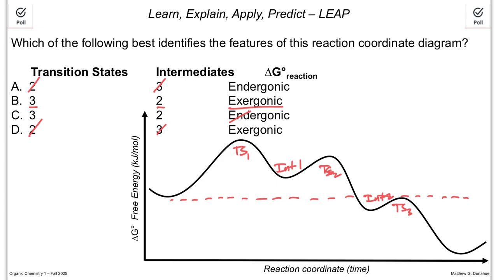So just to review these real quick, we're starting at some energy as a well or a trough, however you want to think about that. We end up somewhere, some other energy level for the products. And then along the way, the highest point on the path, those are always transition states.